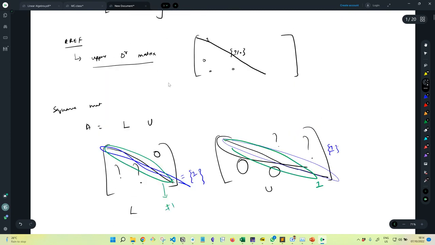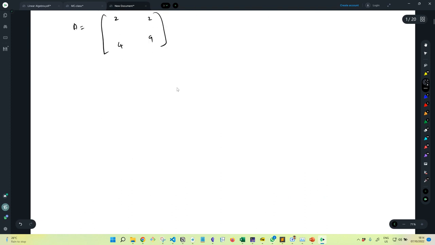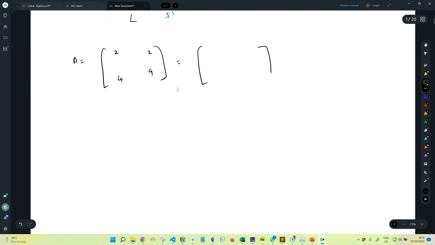Right? You are given a matrix A. A is [2, 2; 4, 9], and this A can be represented as a product of lower and upper triangular matrices. Let's call this L and this U. Now if I draw the leading diagonal, it will be here, and we are given in the question that the upper triangular matrix has all the entries on the leading diagonal equal to 1.